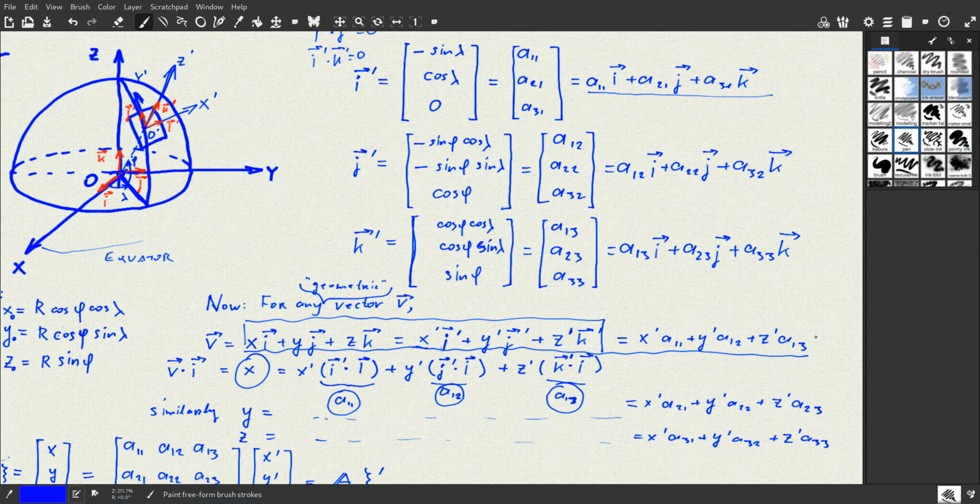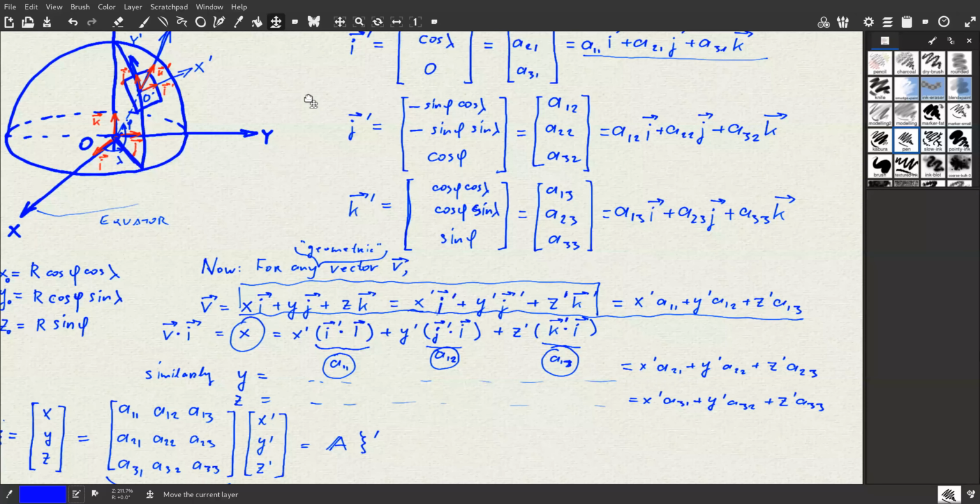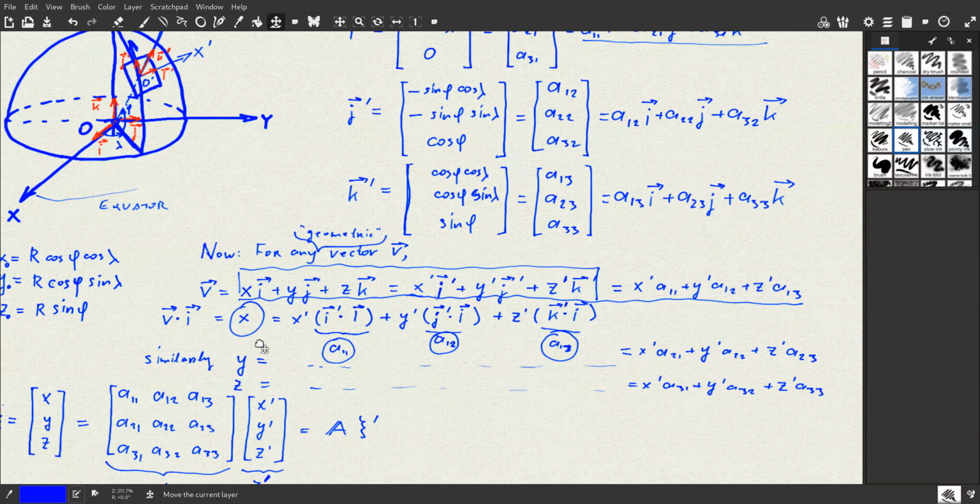Okay, in exactly the same way, I can say that y would be expressed as x prime A21 plus y prime A22 plus z prime A23, and z is expressed as x prime A31, y prime A32 plus z prime A33.